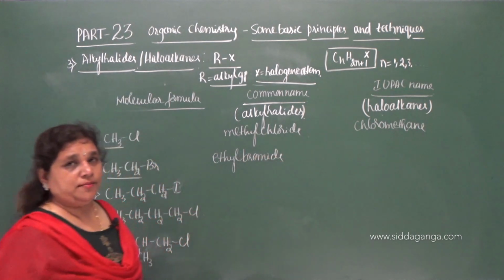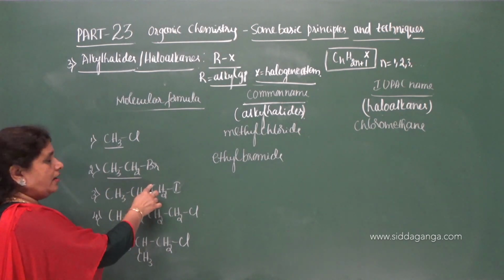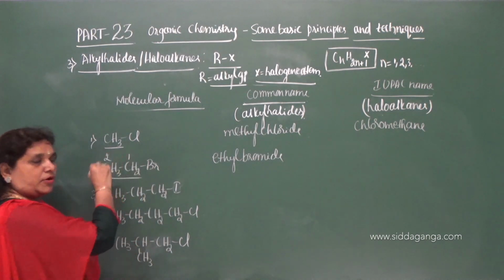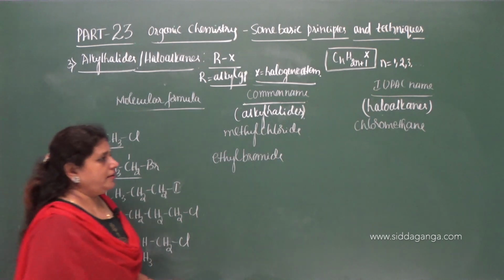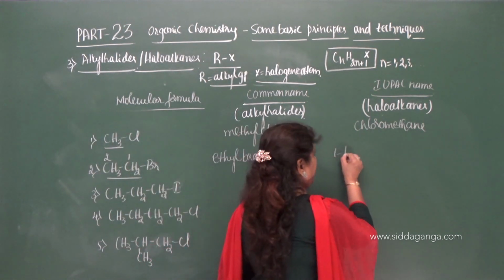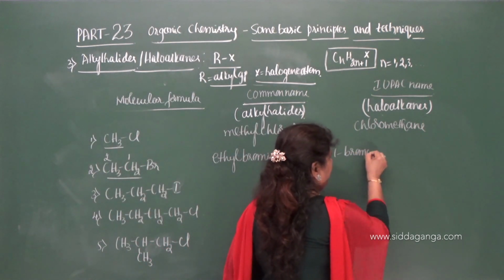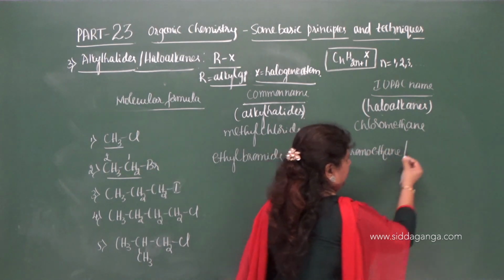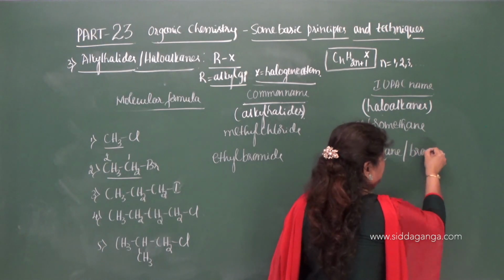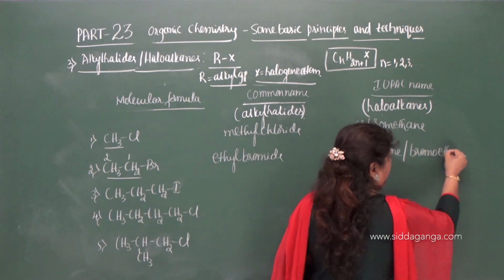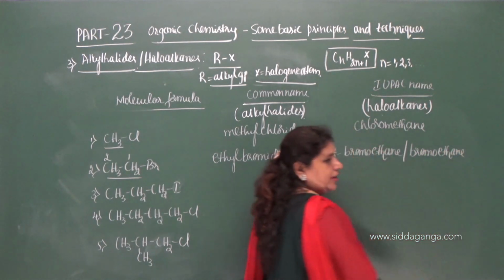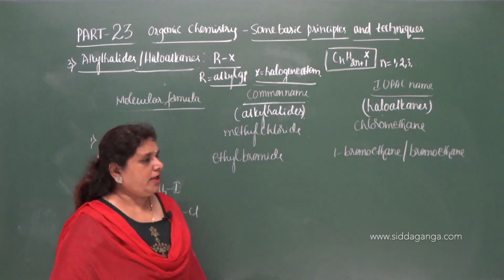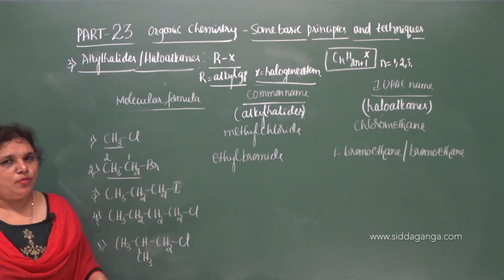What is the IUPAC name? 2 carbon atoms are there and the bromine atom is bonded to the first carbon and therefore it is 1-bromoethane. You can ignore the 1 there. So you can name it as bromoethane as the locant is 1.